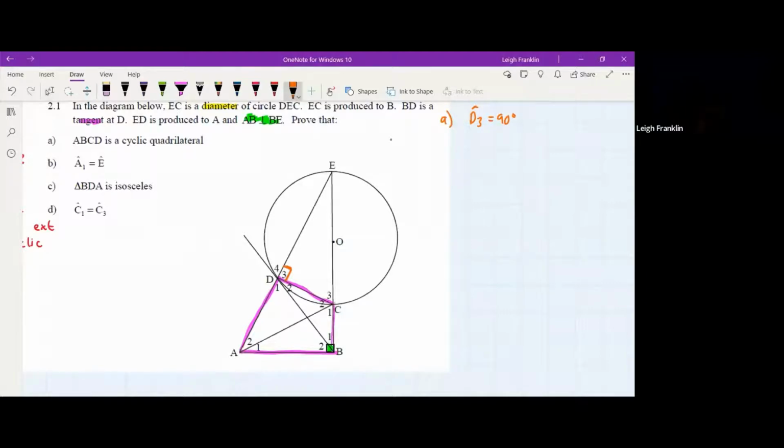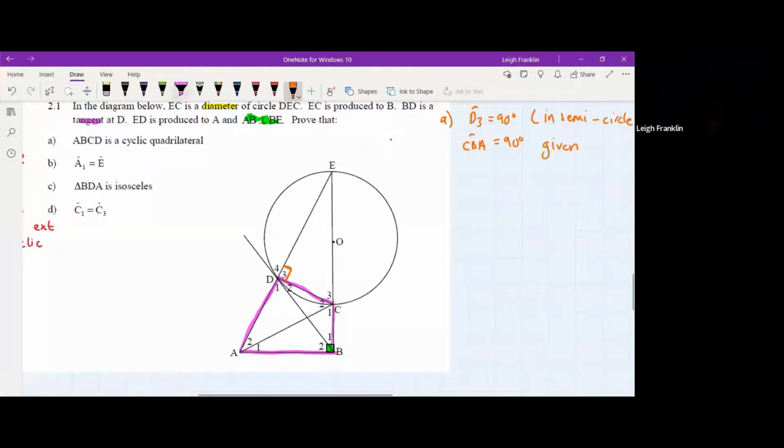Okay, so this is actually very similar to the previous question, which is a little bit disappointing. But anyway, D3 is equal to 90, angle in a semicircle. And we can see that angle B, so B1 plus B2 or CBA, whatever we want to call it, is also equal to 90. We have been given that.